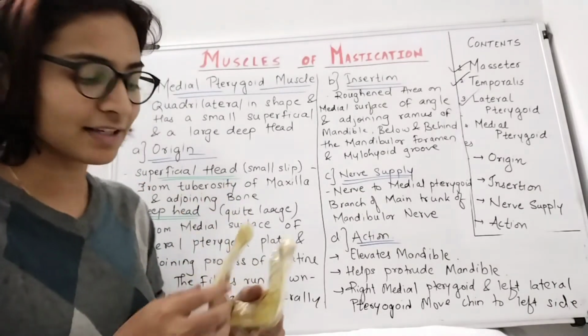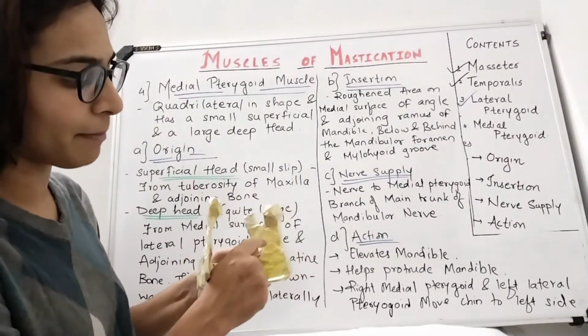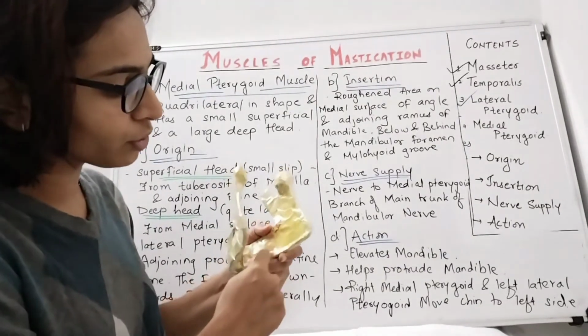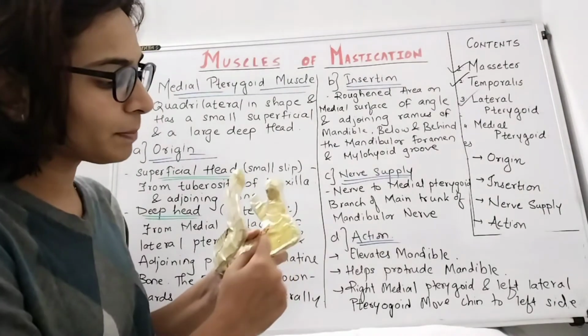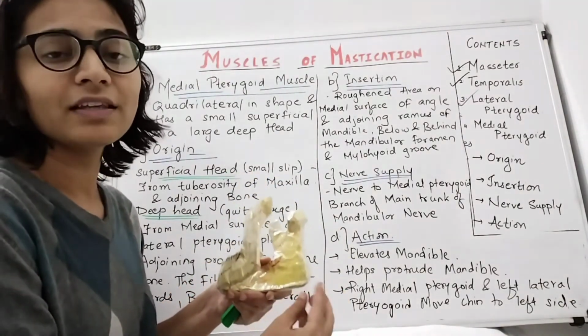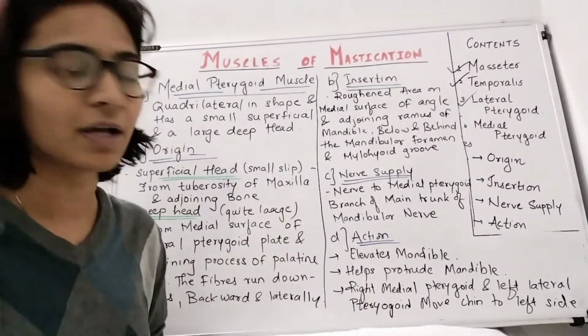So now what does this mean? The medial pterygoid muscle is below the mandibular foramen. Mandibular foramen is somewhere here and mylohyoid groove is somewhere here. Okay, so behind the mylohyoid groove and below the mandibular foramen, there lies a medial pterygoid muscle. Let's see the nerve supply.